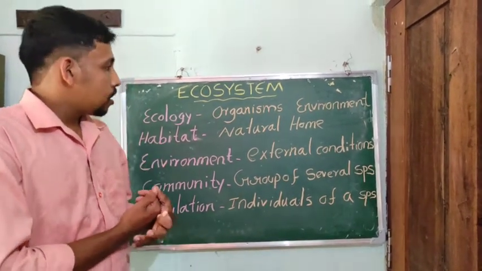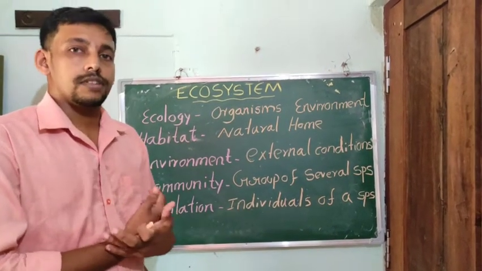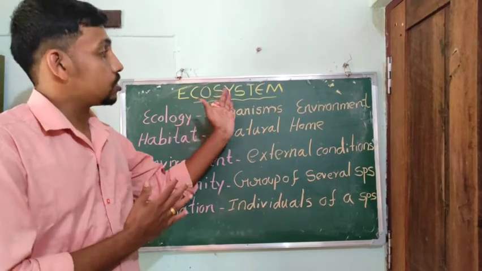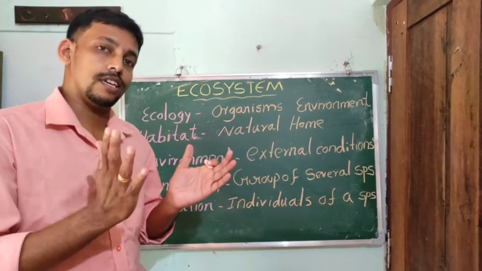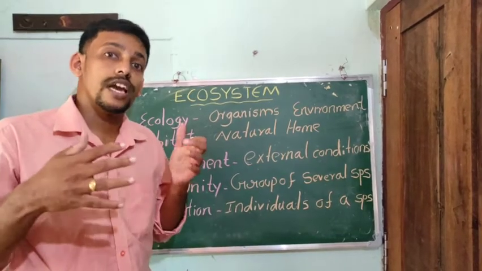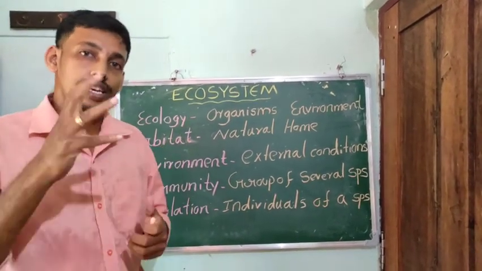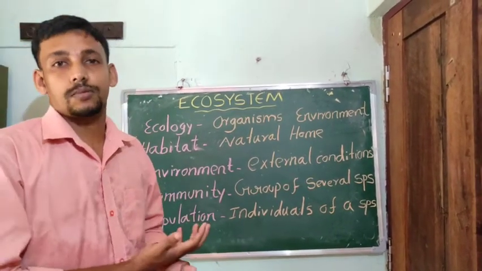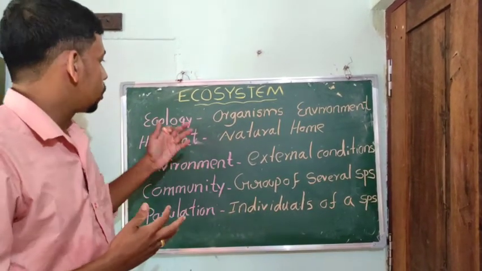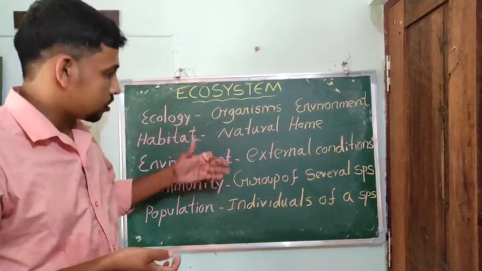Okay, so these are some of the terms related with our ecosystem. So it's a unit in which there is what? There is interaction between organisms and their surrounding environment. So that is known as what? Ecosystem. It's the functional unit of what? The ecology. Okay, so these are some terms.